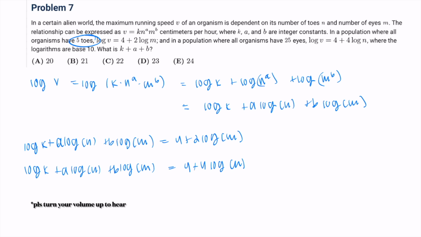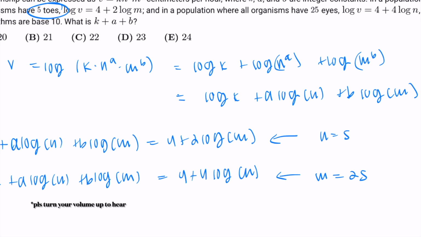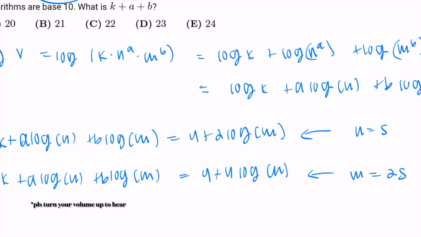Now, the top equation is for 5 toes, so n equals 5, and the second equation is for 25 eyes, so m equals 25. So we can actually plug those values directly into the equation. So instead of writing n here, we can write 5.